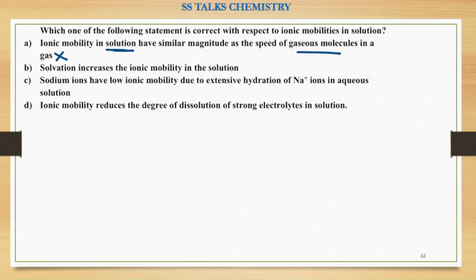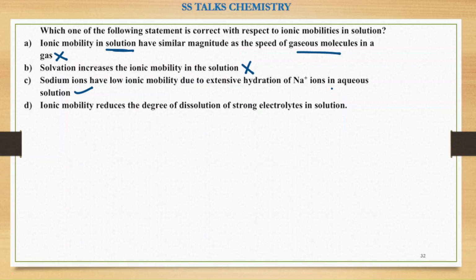Next, it says solvation increases the ionic mobility in the solution. How is that possible? With solvation, the ionic mobility is going to decrease, right? Next is sodium ions: they have low ionic mobility due to extensive hydration of the positive sodium ions in the aqueous solution. This is the correct statement.